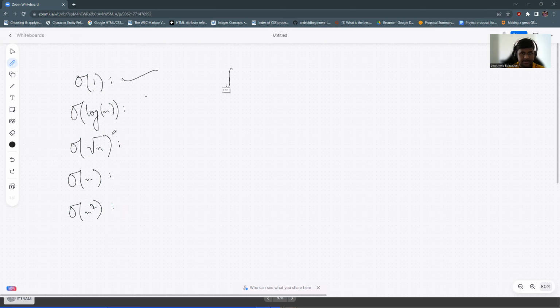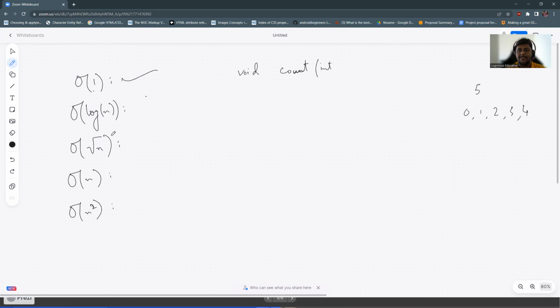Let's say I have another function which is count. Basically what it does is it counts the value from 0 to n minus 1. So if my input is 5, it will print 0, 1, 2, 3, and 4.